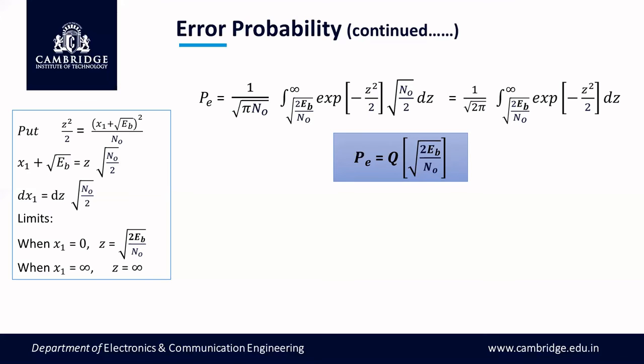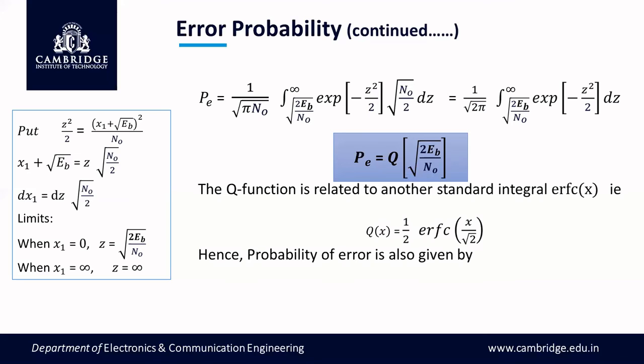But we can also express the probability of error in terms of another standard integral called the complementary error function, ERFC of x. This complementary error function is related to the Q function in this way: Q of x is equal to half of ERFC of x by root 2. So if you want, you can convert your probability of error equation into the complementary error function form also, because it depends on the table available to you to find the value of probability of error.